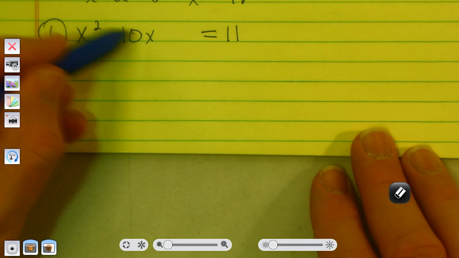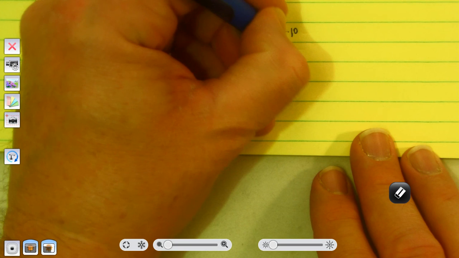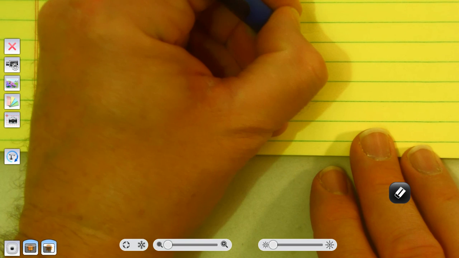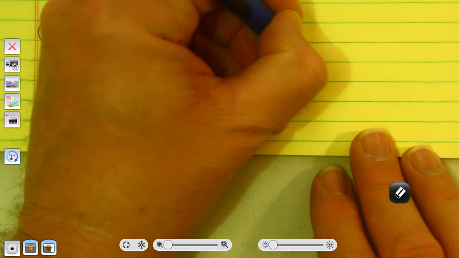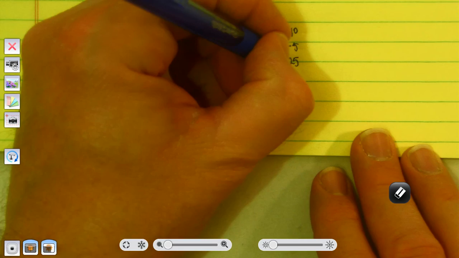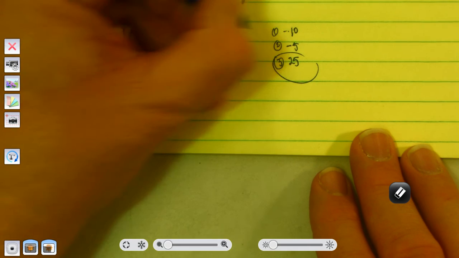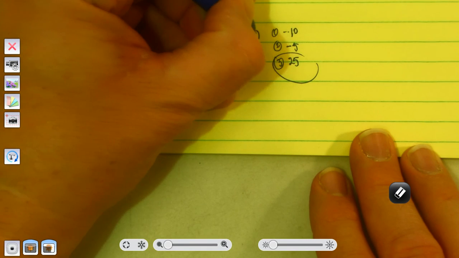So I'm looking at negative 10. I know I'm going to take negative 10 and divide it by 2. And when I divide it by 2, I'll get negative 5. And when I square that, I'll get a positive 25. So I know then to complete the square, I need to add 25 to both sides.